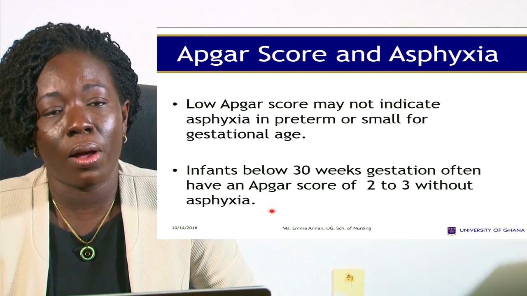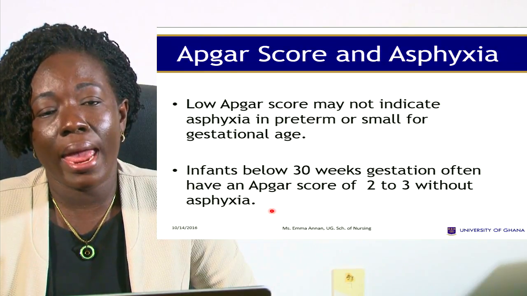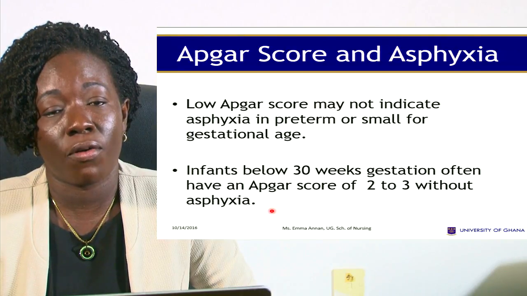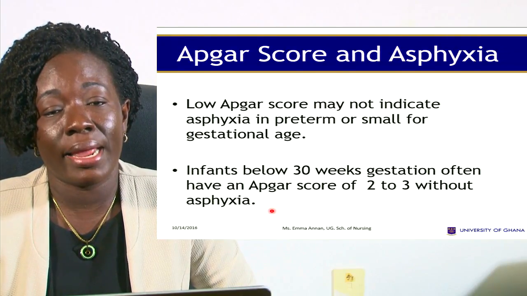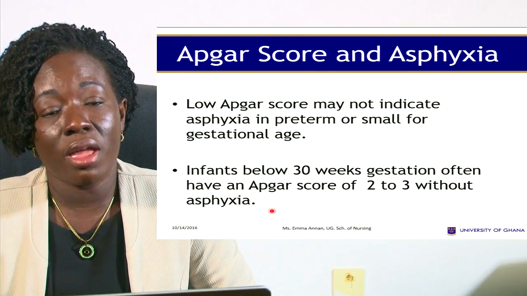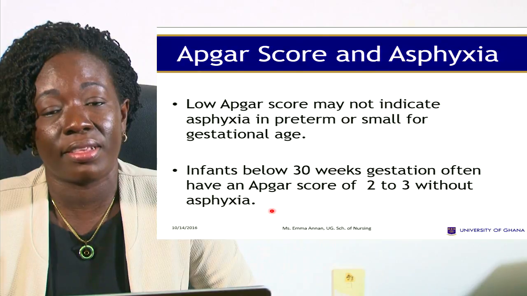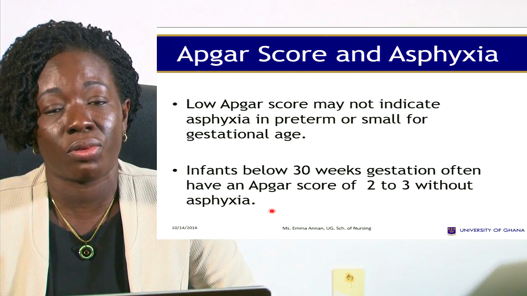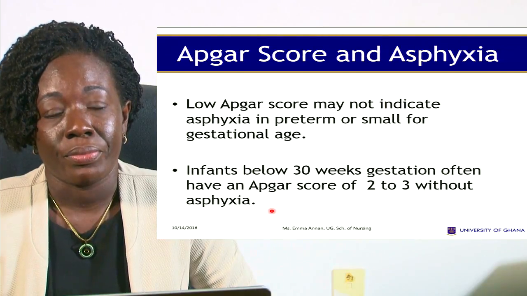But there are a few exceptional cases. For example, a low Apgar score may not indicate asphyxia in a preterm or small for gestational age baby. Usually, these babies have a low Apgar score. Also, infants below 30 weeks gestation often have an Apgar score of 2 to 3 without asphyxia.